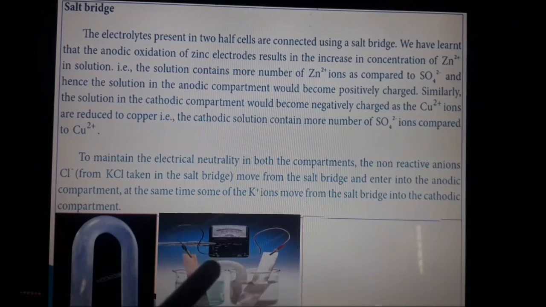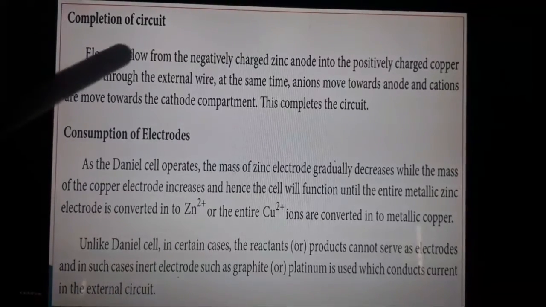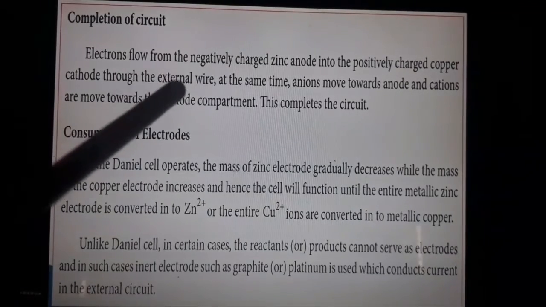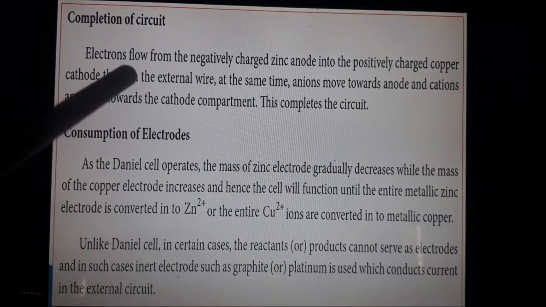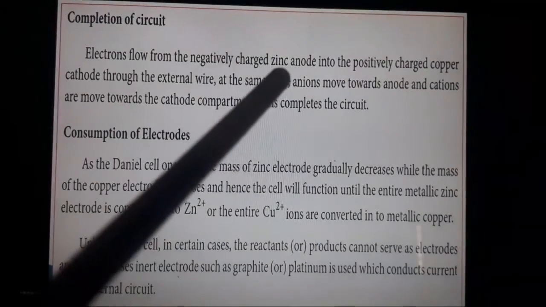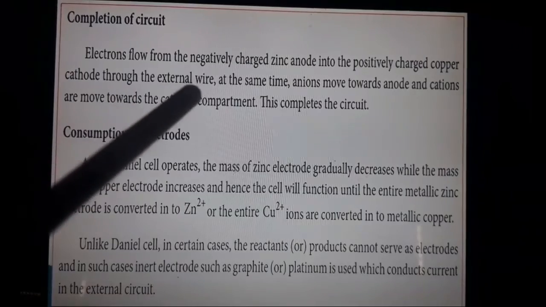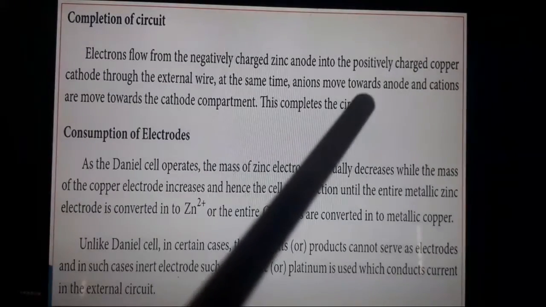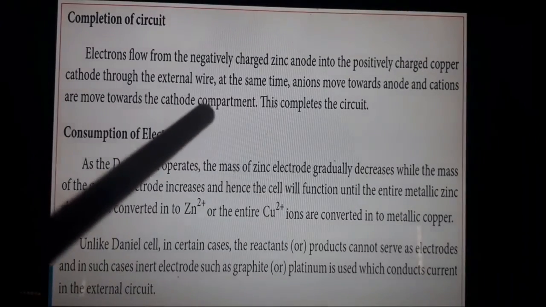Okay, this is a full cell. Next, completion of circuit. When the circuit is completed, electrons flow from the negatively charged zinc electrode to the positively charged copper cathode through the external wire. At the same time, anions move towards the anode and cations move towards the cathode compartment.